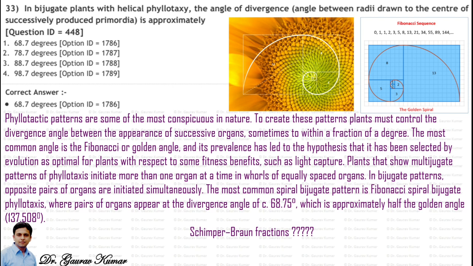To create these patterns, plants must control the divergence angle between the appearance of successive organs, sometimes to within a fraction of a degree. The most common angle is the Fibonacci or the golden angle, and its prevalence has led to the hypothesis that it has been selected by evolution as optimal for plants with respect to some fitness benefits such as light capture.